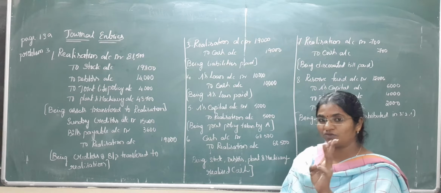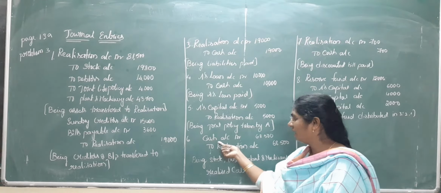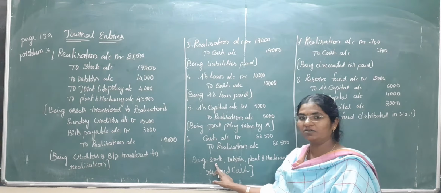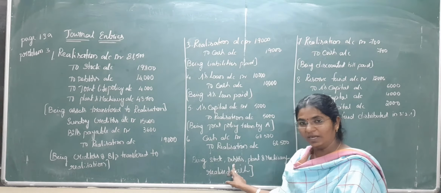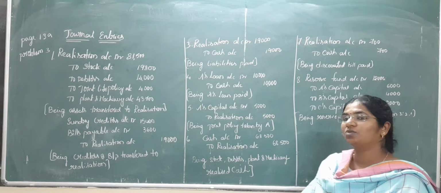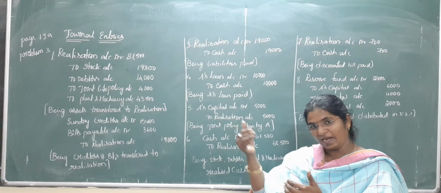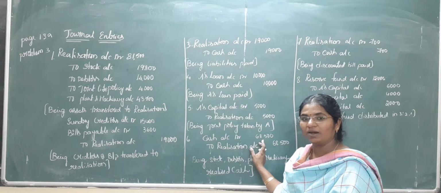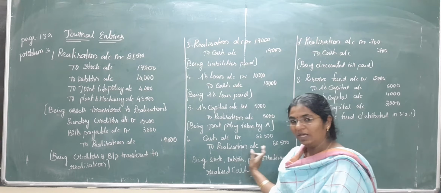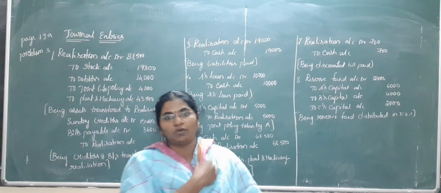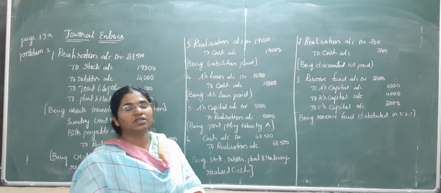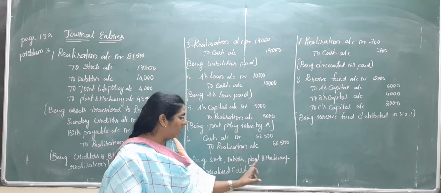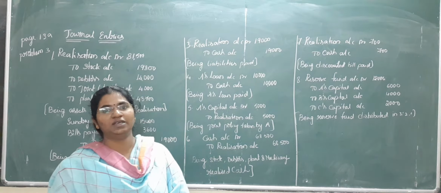No. This relates to 3 adjustments where we have written cash to realization, and those amounts belong to stock realized, debtors realized, and plant and machinery realized. By adding these 3 assets' values, we got 68,500. So the partnership business has received an amount of 68,500 for realizing stock, debtors and plant and machinery.